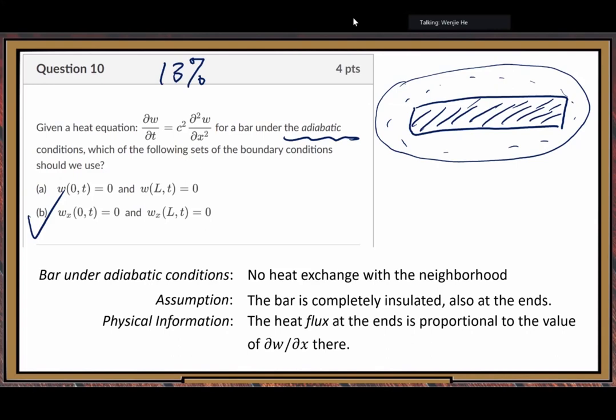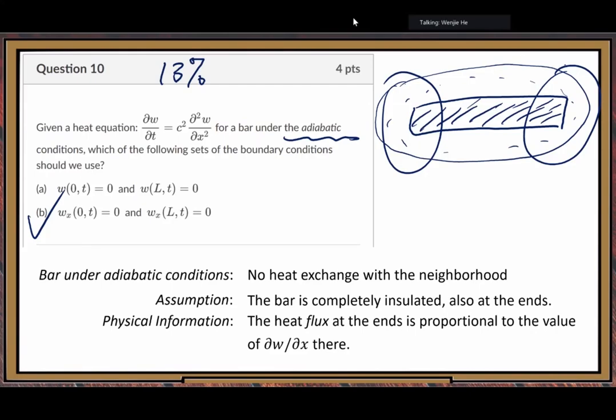Assumption, the bar is completely insulated. Insulated, no heat exchange, same thing. Also at the ends. So here, definitely include the ends, right? Two ends, including the no heat exchange at the ends, because we need our boundary condition at the two ends.